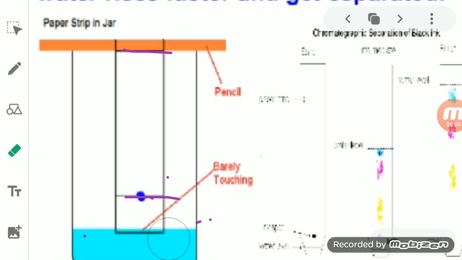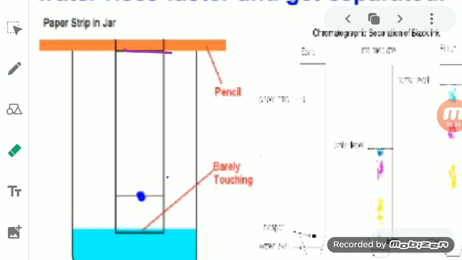You can see the water level here. This much portion is dipped inside the water, but the line consisting of the ink will remain above the water level in the jar.